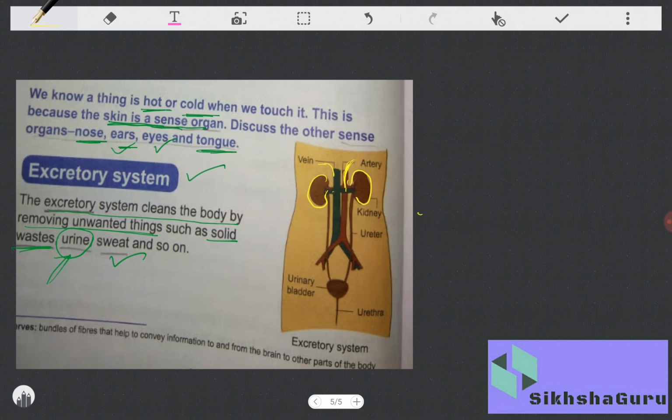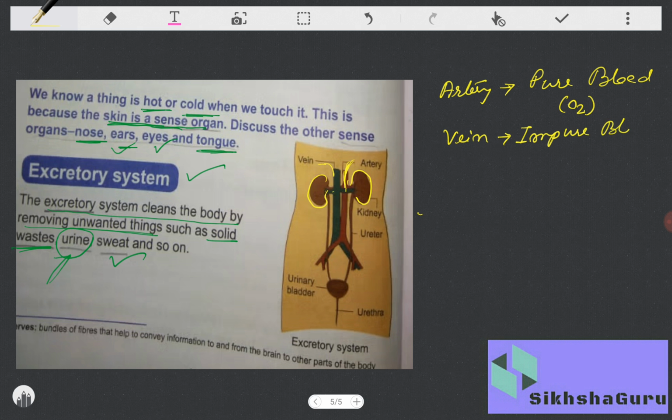We know that impure blood flows through the vein, and you must remember that pure blood flows through the artery. Pure blood means blood that is full of oxygen, and through the vein, impure blood means the blood that is full of carbon dioxide, written in this way, CO2.